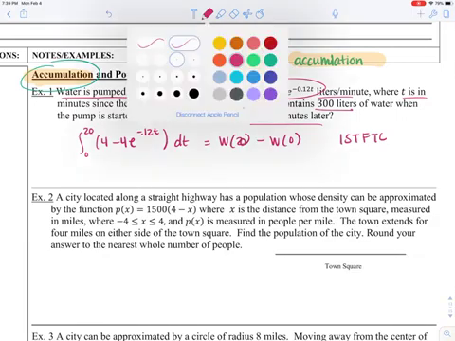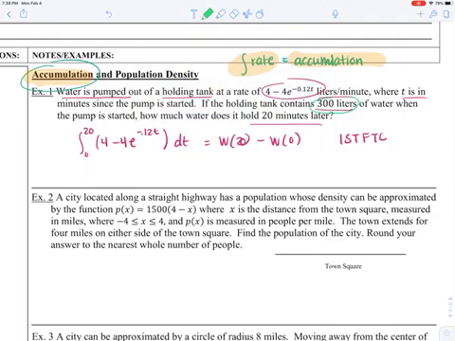Well, they did give me the amount at 0. At time 0, it's got 300 liters of water. So in essence, I can add this to the other side and say 300 plus the integral from 0 to 20 of 4 minus 4e to the negative 0.12t dt, and that should give me the amount of water in this tank at 20.